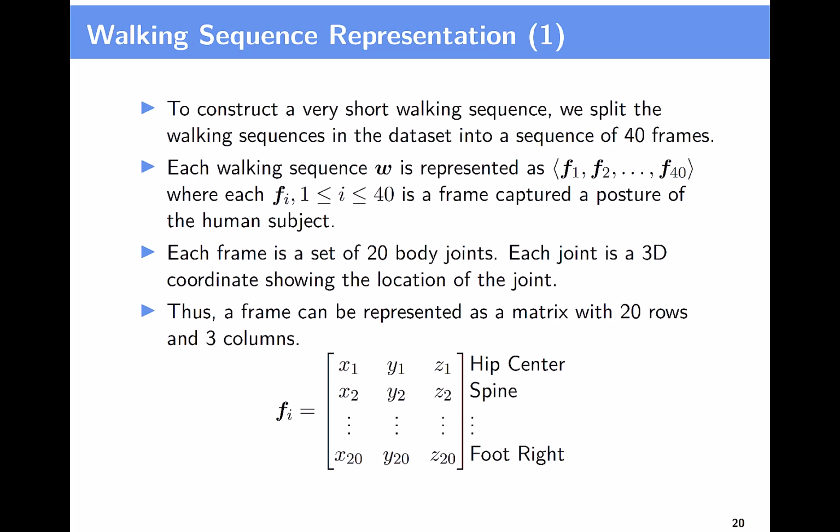And as I explained before, each frame is represented by 20 body joints as skeletal data. Each joint is a three-dimensional coordinate showing the location of the joint. Therefore, we can simply represent a frame as a matrix of 20 rows, 3 columns. Each row represents a joint. For example, the first row represents hip center, the second row represents spine, and the last row represents foot right. Each row has 3 columns that are the 3D coordinates X, Y, and Z.